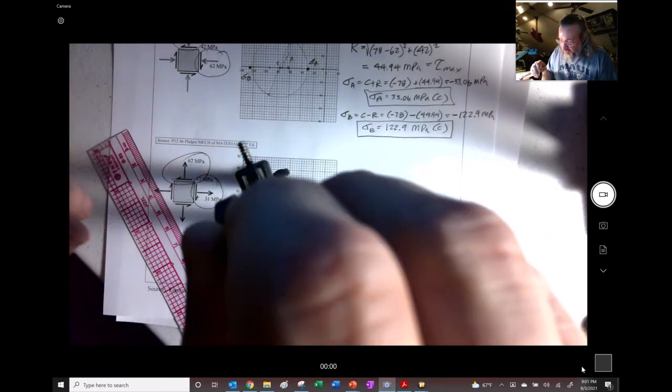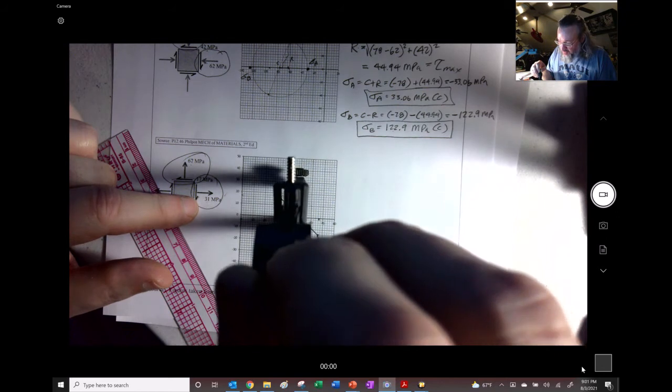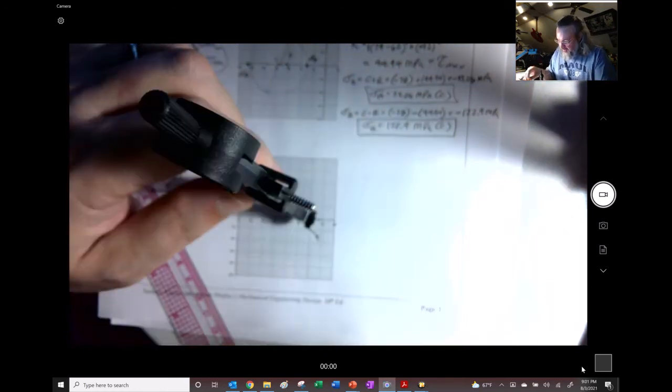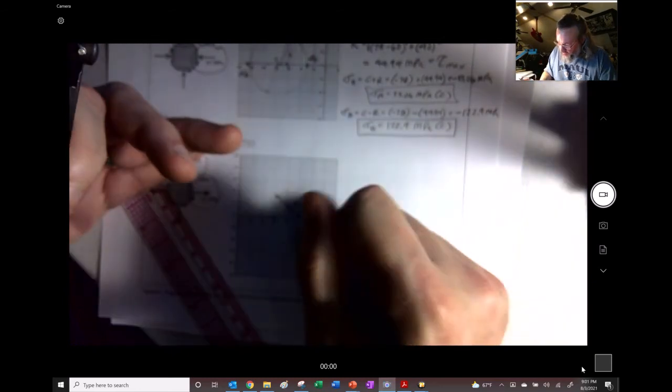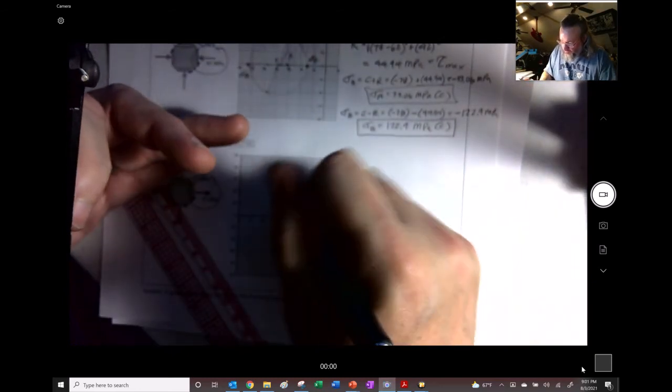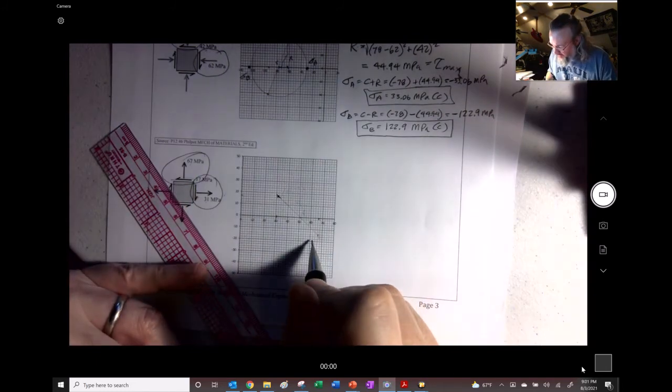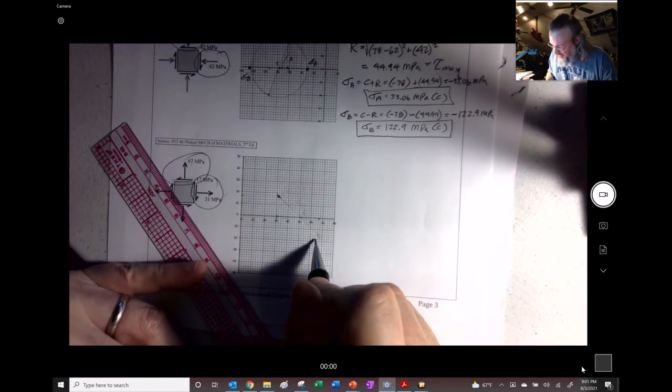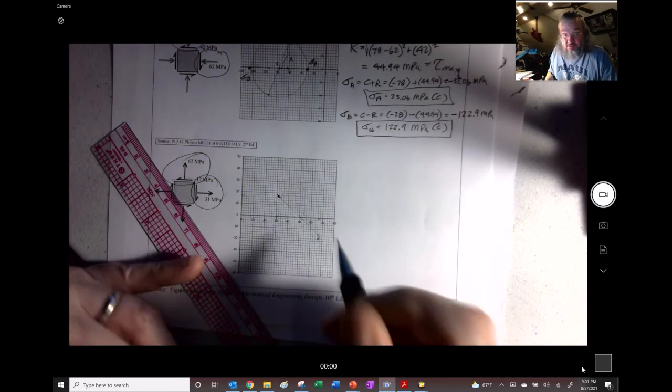I don't know what I did. That looks like 31. That looks like 17. That looks like 67. If anything, I think it needs to be a little bit like that's 18. So it needs to be a little bit further down, like right there. That's what I did wrong.